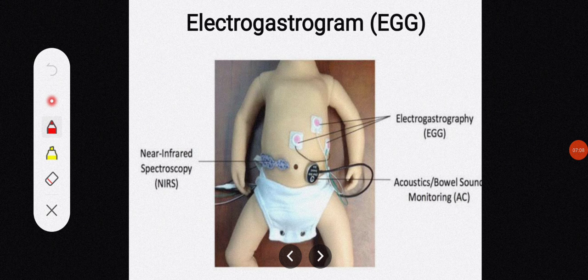Peristaltic movement is, when you swallow food, the contraction and relaxation of the esophagus, the food pipe, by which the food is forced down the tract to the stomach. The potential related to this movement of relaxation and contraction, when recorded, gives us the electrogastrogram.